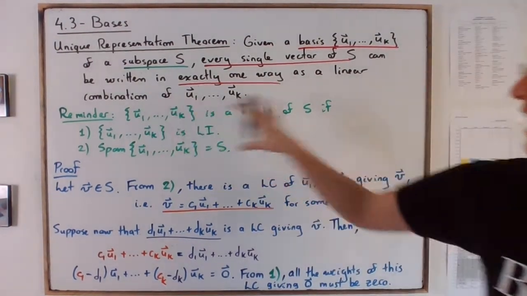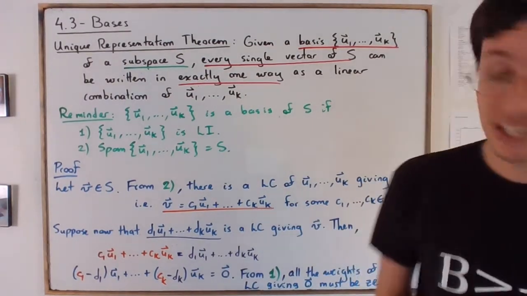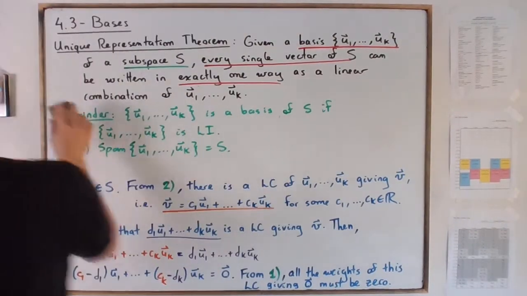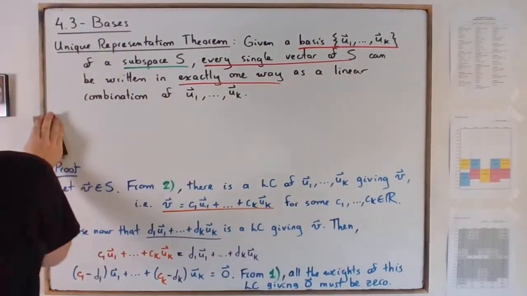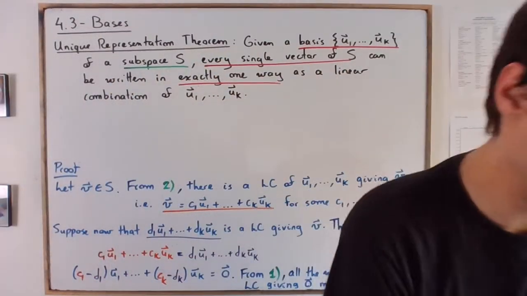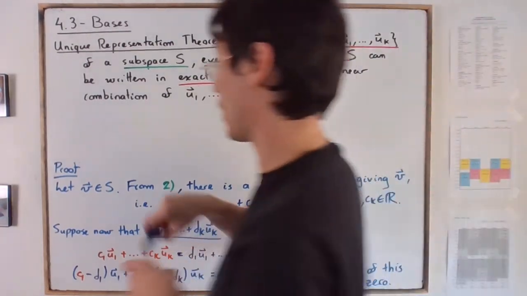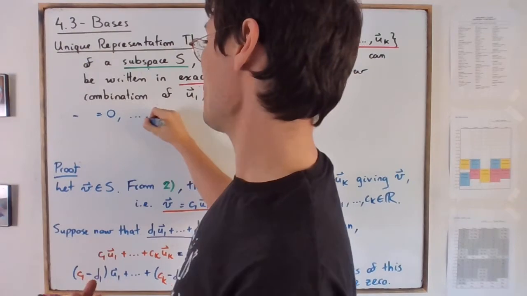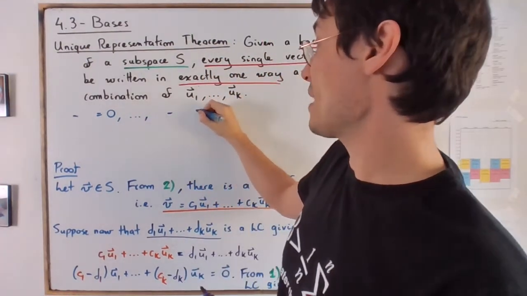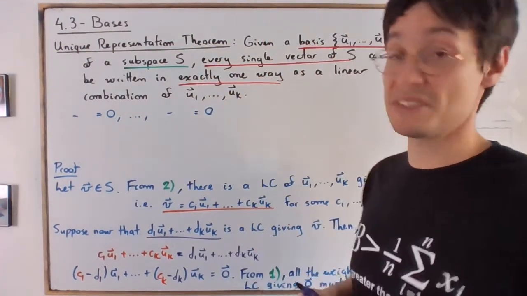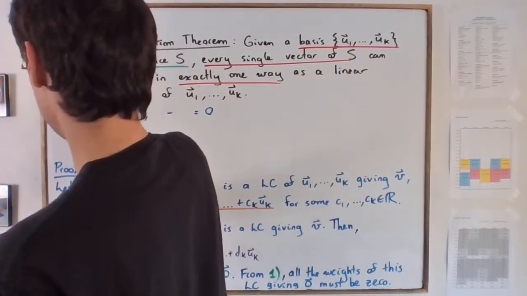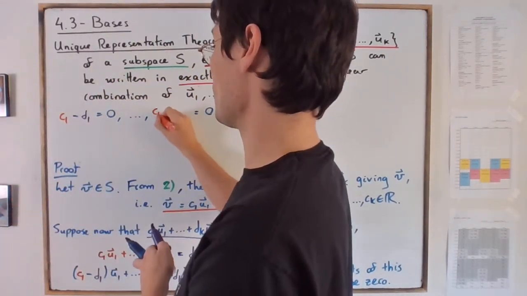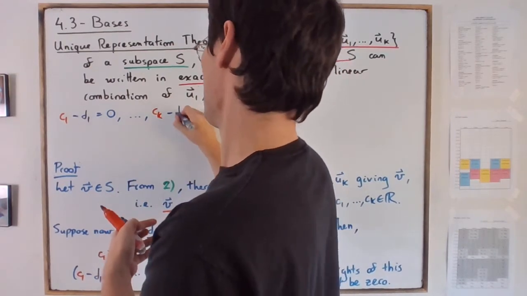Unfortunately, I have to erase here the definition of a basis, but we got what we need. So what does it mean? It means that C1 minus D1 must be equal to 0, all the way up until CK minus DK must be equal to 0. Here we have C1, D1, and all the way up to CK, DK.